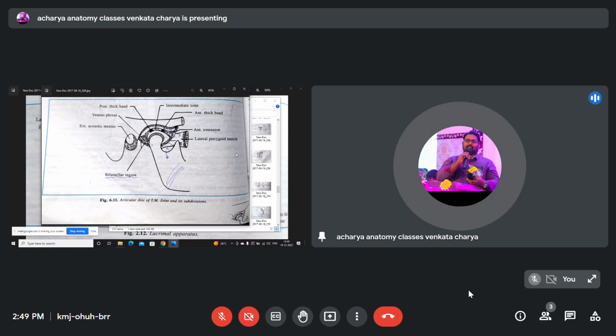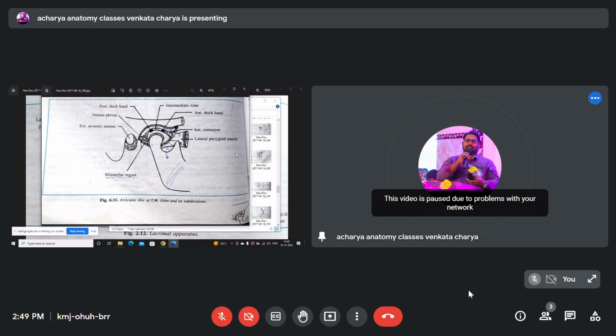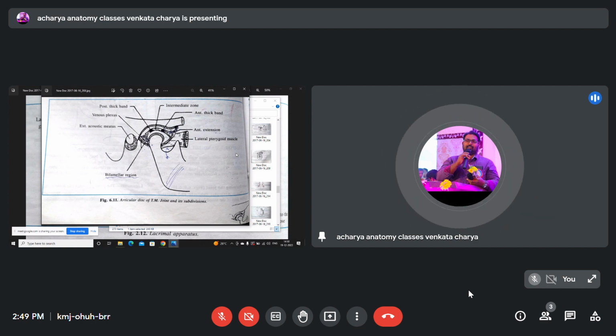Temporal bone lo ye part? Temporal fossa and condyle of the mandible.